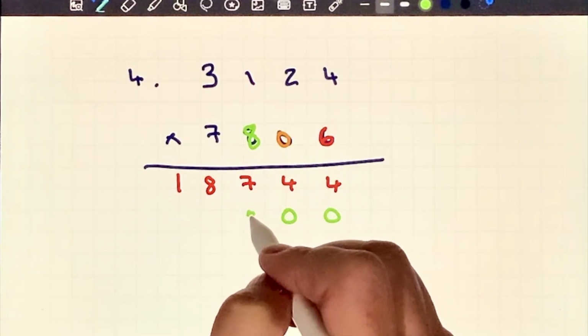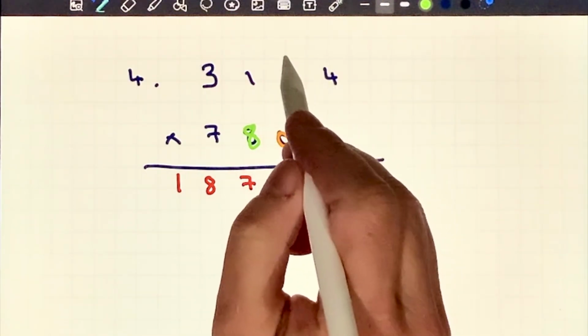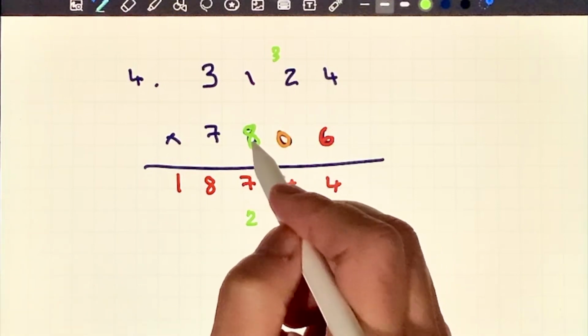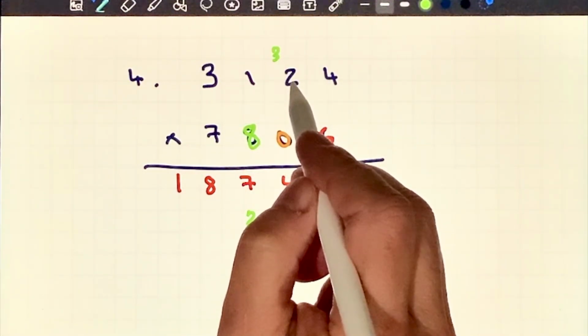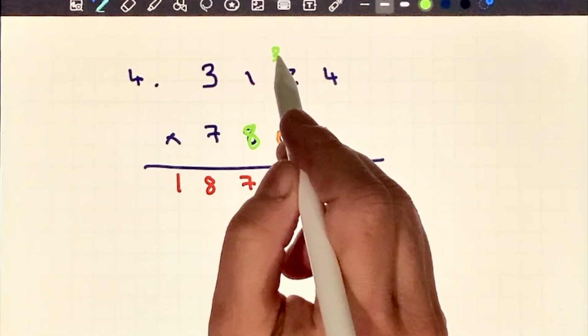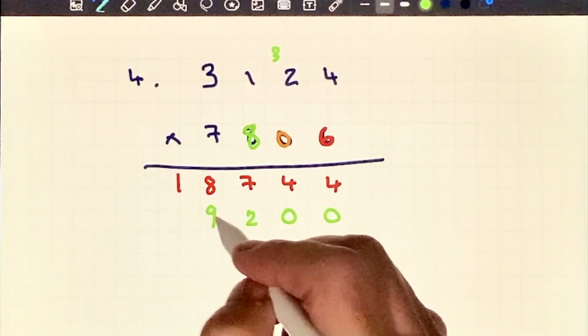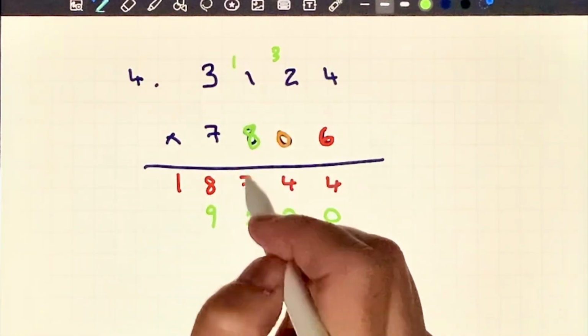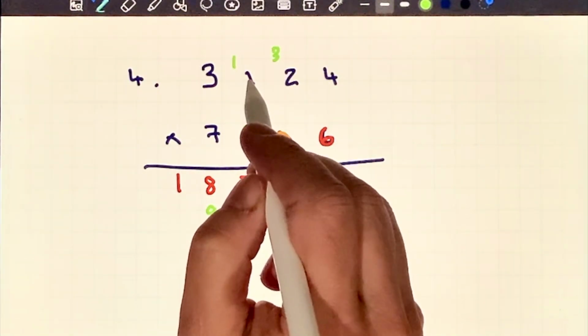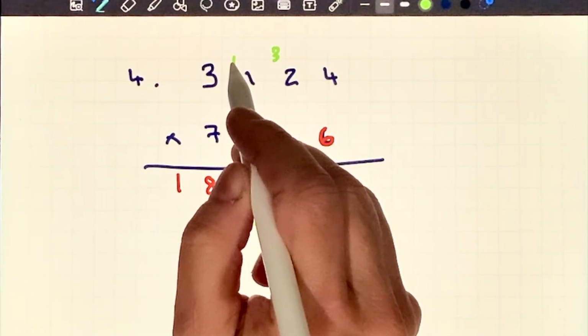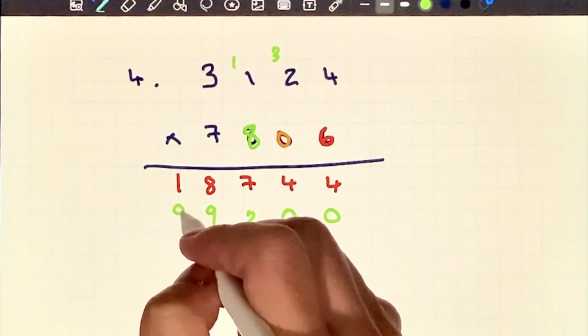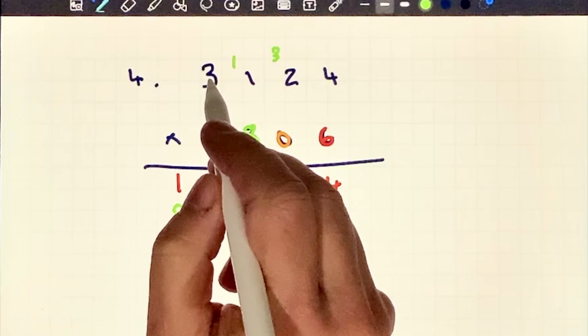So 2 carry 3. 8 times 2 is 16, plus the 3 we carried is 19. So 9 carry 1. 8 times 1 is 8, plus the 1 we carried is 9. 8 times 3 is 24.